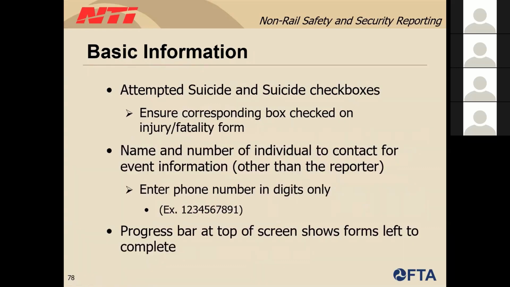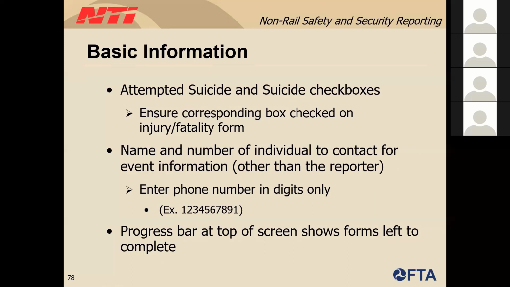The basic information screen now includes attempted suicide and suicide checkboxes when the event type is a collision. This is corroborated by the same checkbox on the injury or fatality form. The last piece of information is the name and phone number of someone to contact for additional information regarding the event. You do not need to enter the name of the person if it's the same as the person reporting the event.